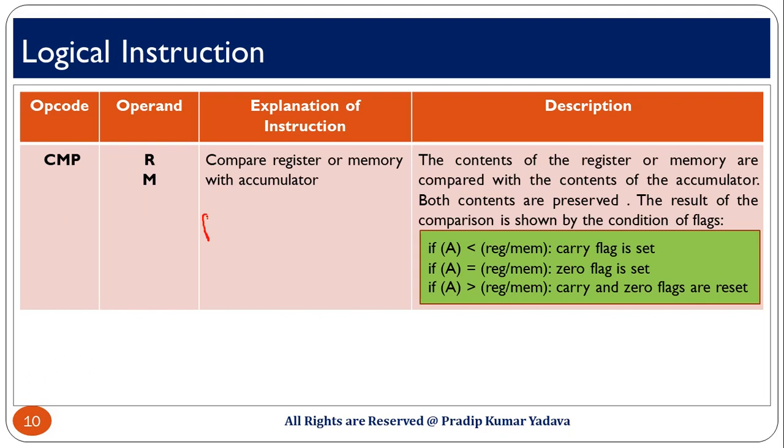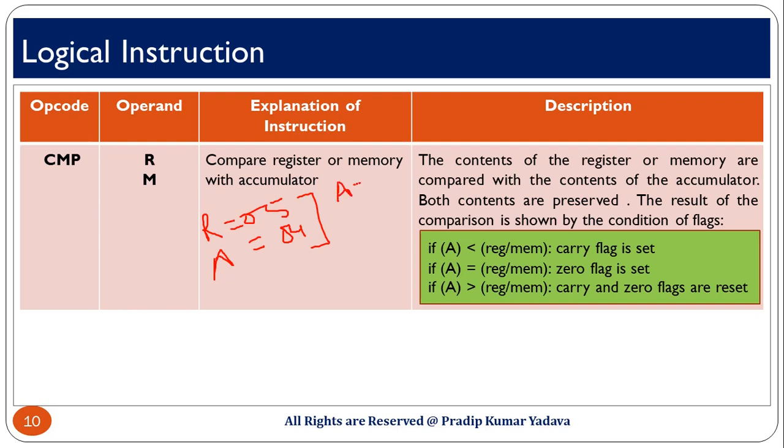Suppose the content of R is 5 and the content of A is 4. What happens when you compare?